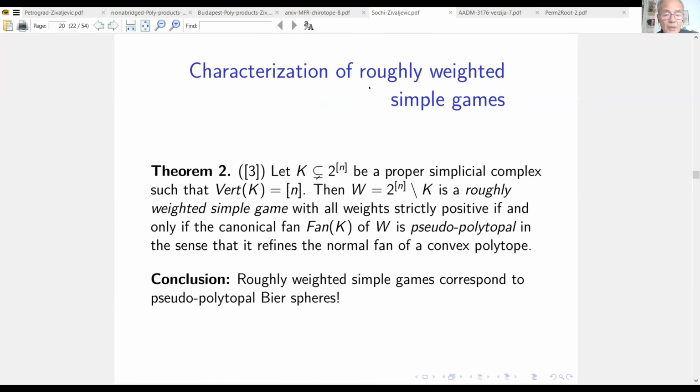So we remember that the condition in roughly weighted simple games was much more general, a much larger class of games is covered by this concept.